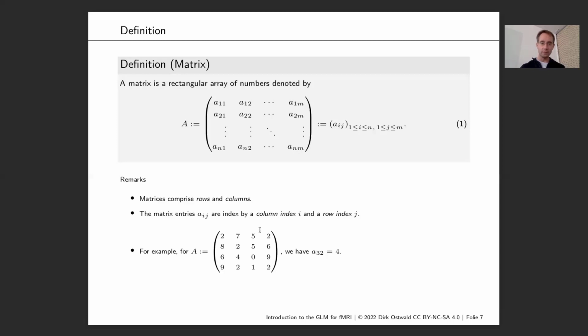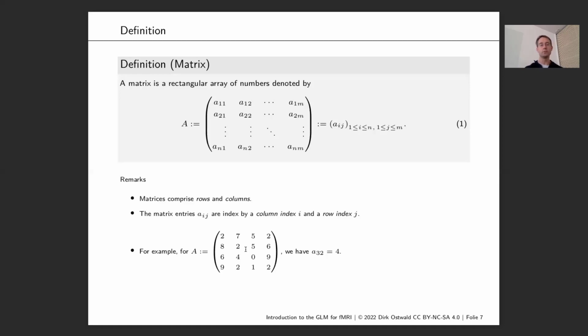So here, let's look at an example first. Here you have a matrix, so you have numbers organized in this rectangular array, and this has 4 rows and 4 columns, and it says that the entry in the third row in the second column is 4. That's this 4 here.